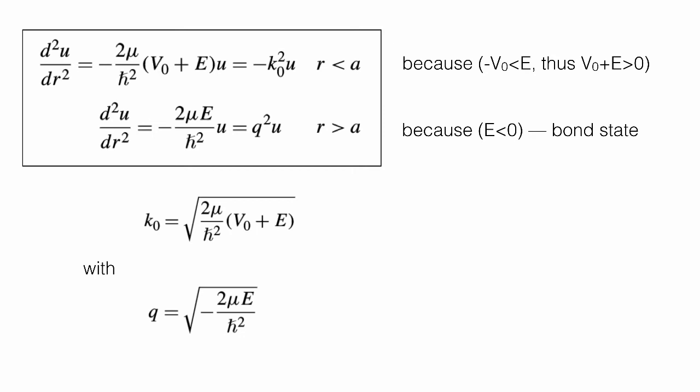Okay, that's good. The second equation, outside of the well, is a different story, because, of course, the energy has to be negative. This is a bound state. Therefore, we can replace minus E by Q square, or actually minus E times 2 mu over h bar square.